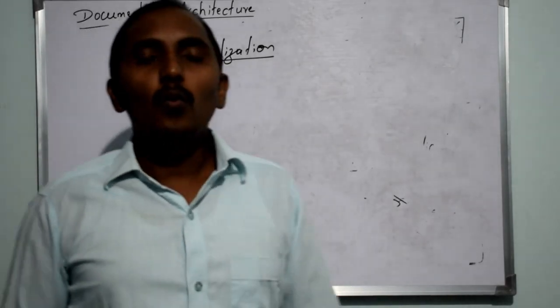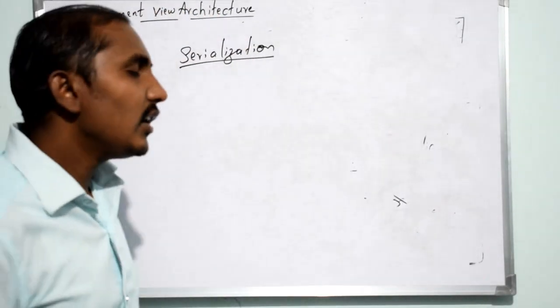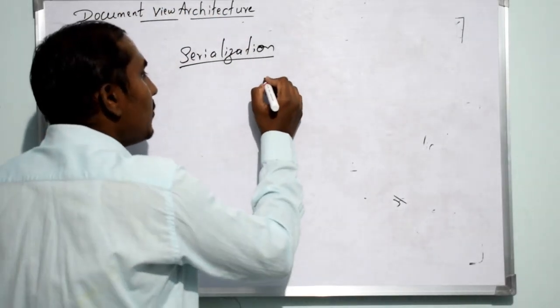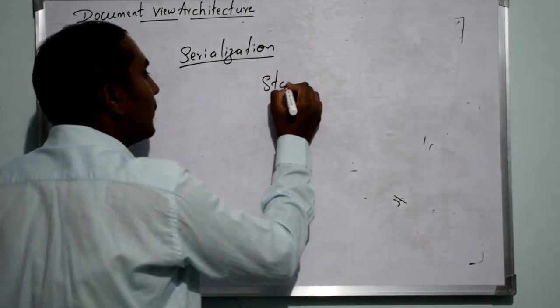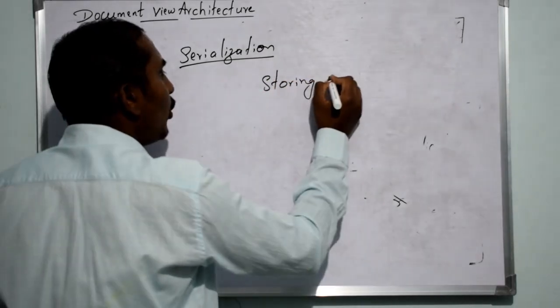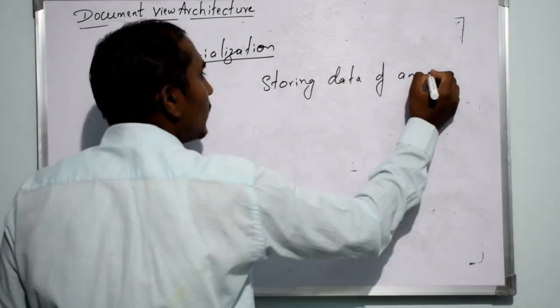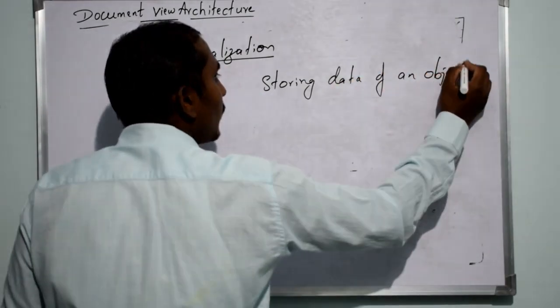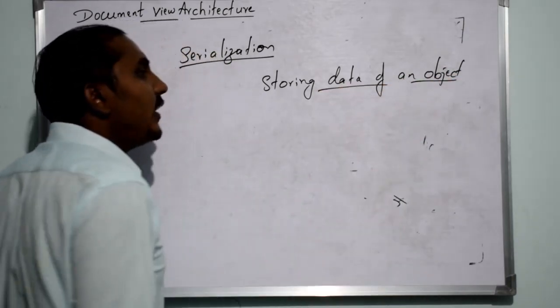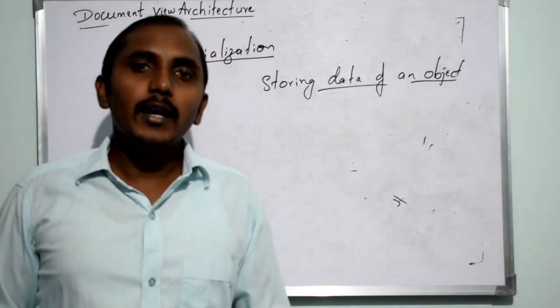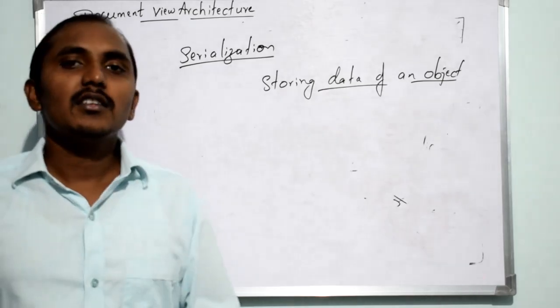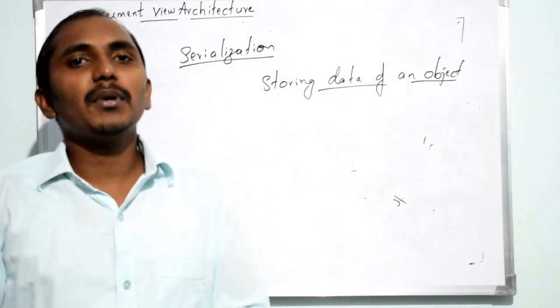What is the meaning of serialization? Serialization is simply the process of storing the data of an object. If you want to store the data of an object, that function is considered serialization. I'll give you a simple example.